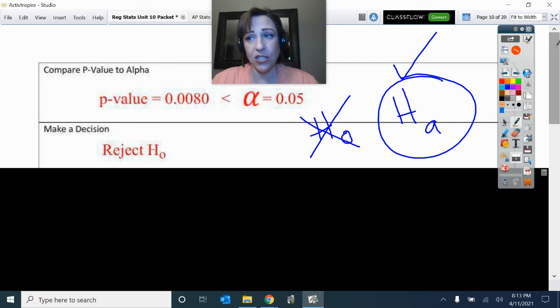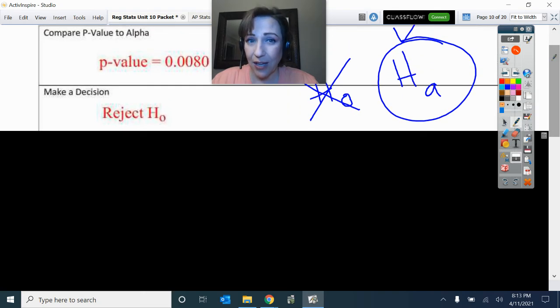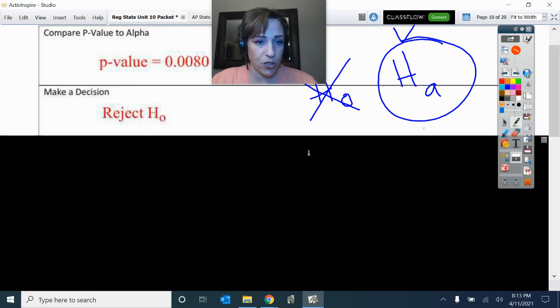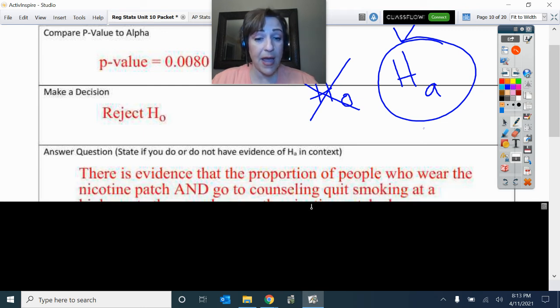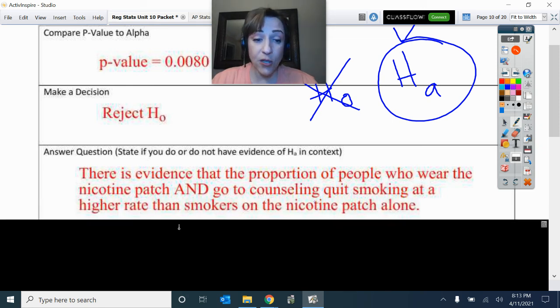Okay, I mean, we have evidence to support HA. I can't say H0 is true or whatever, but so here we go. There is evidence that the proportion of people who wear the nicotine patch and go to counseling quit smoking at a higher rate than smokers on the nicotine patch alone.